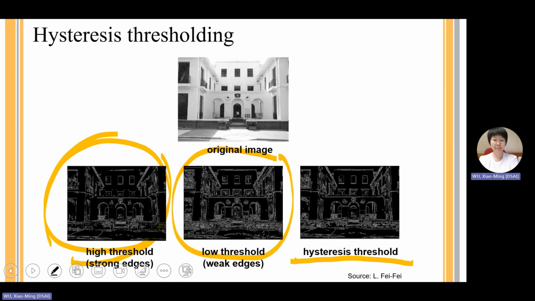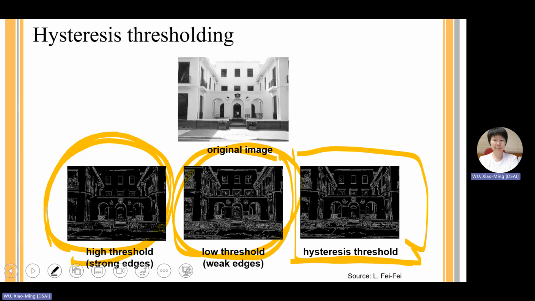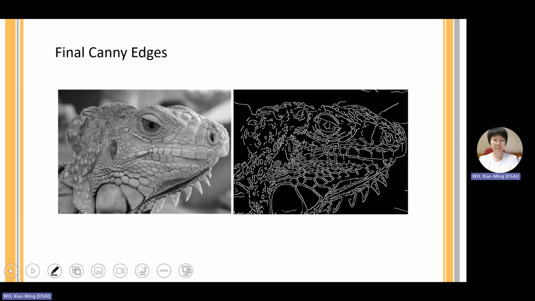So hysteresis thresholding uses the high threshold to preserve strong edges, and uses those strong edges to connect with weak edges. It applies the low threshold to filter out weak edges, and only the weak edges that are connected to strong edges are kept. That's why we say hysteresis thresholding achieves a better trade-off between high thresholding and low thresholding.